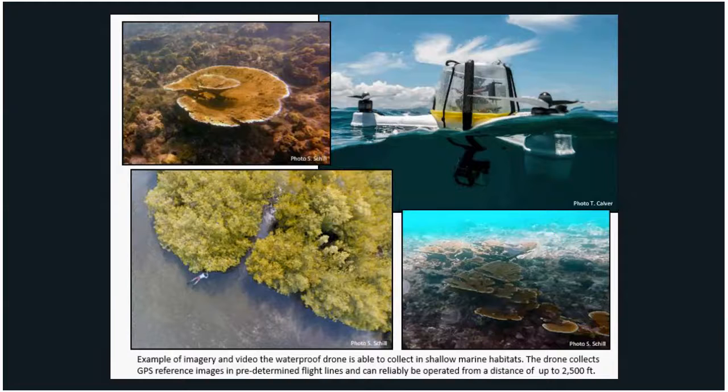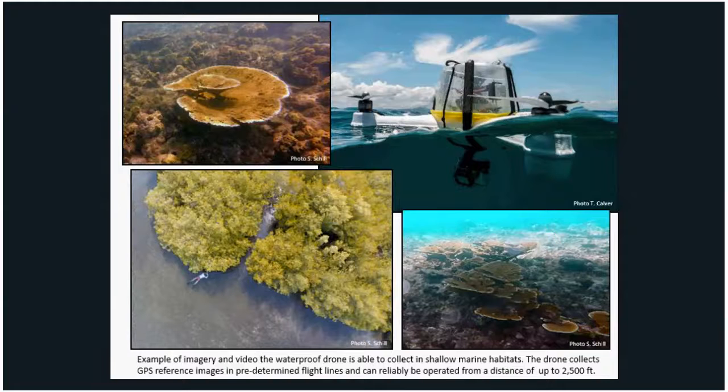We've been using drones in combination with satellite imagery to really map these different features, because you're answering different questions at these different scales. We use satellite imagery to look at national scales and map out to 100-foot depth, the distribution of these benthic habitats, as we try to design marine protected areas.